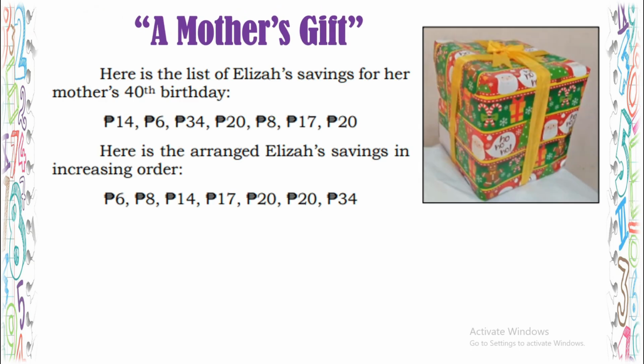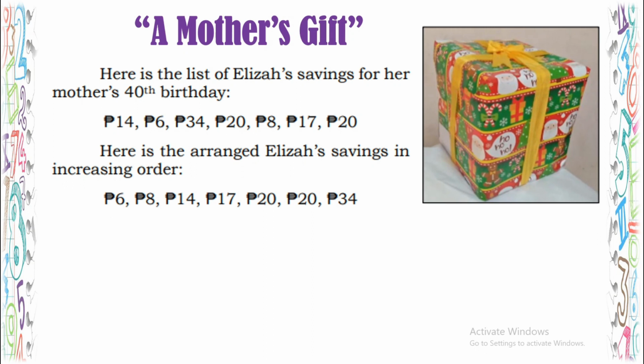Here is the list of Eliza's savings for her mother's 40th birthday: 14 pesos, 6 pesos, 34 pesos, 20 pesos, 8 pesos, 17 pesos, and 20 pesos.